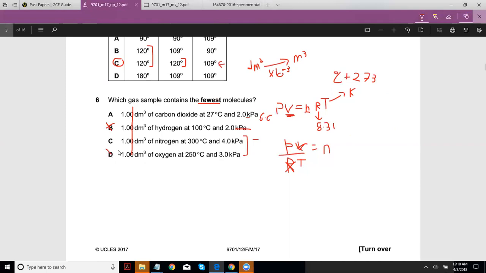So this is wrong. So your answer is C. So basically just calculate P over T and keep getting moles, because 1 mole has 6.02 times 10 to the power 23 molecules, right? So number of moles come, the molecules come. So that's the idea. Oh wait, we had to calculate fewest, right?